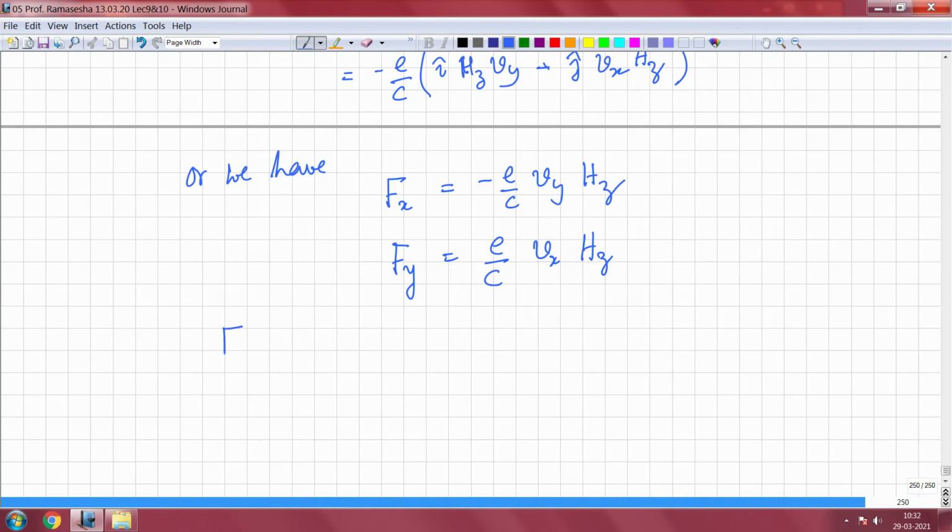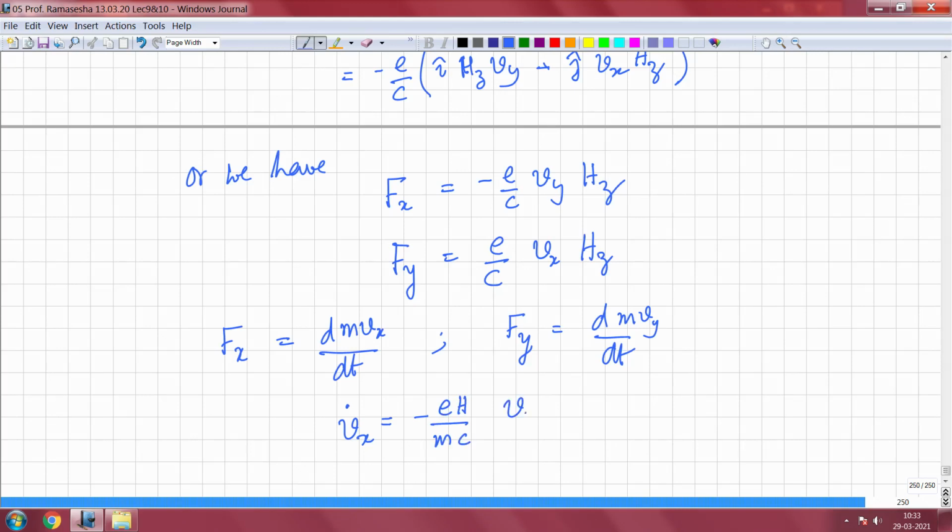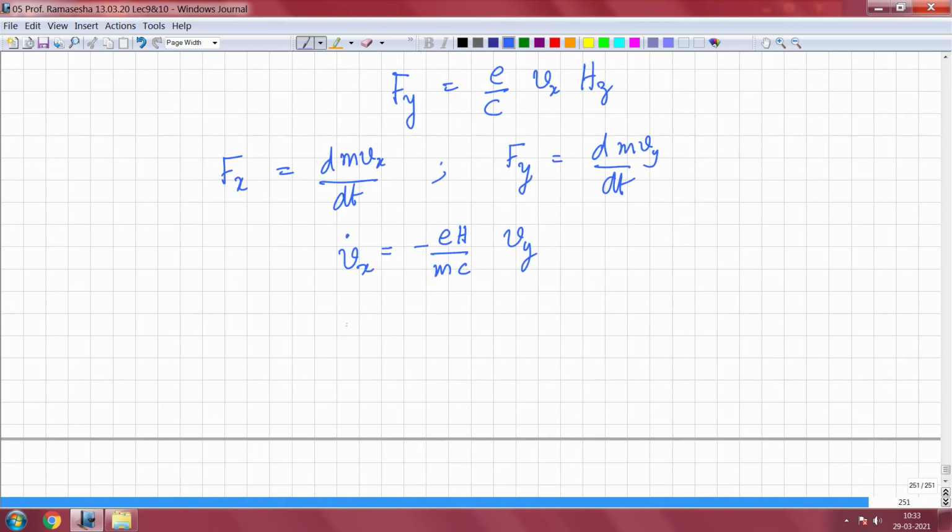Now, Fx is equal to d(m vx)/dt. Similarly, Fy is equal to d(m vy)/dt. So, I can write Vx dot equals minus eH by mc Vy, and Vy dot equals eH by mc Vx.